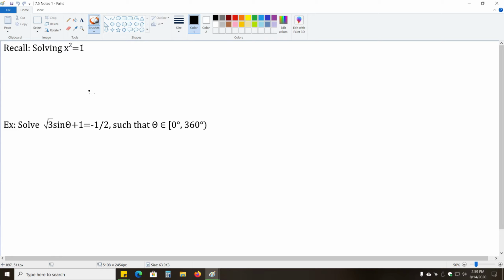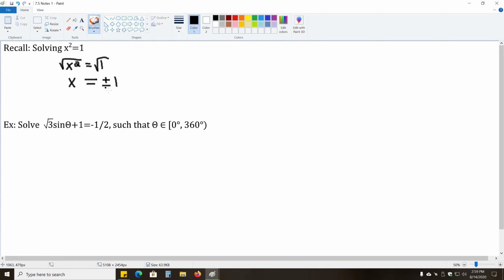So, with that in mind, let's go ahead and do a quick recall of solving x squared equals 1. How could we go about solving this? Well, remember, there's a variety of ways to solve this problem, but the most common way is just to take the square root of each side of the equation, and when we do, we get x equals plus or minus 1.